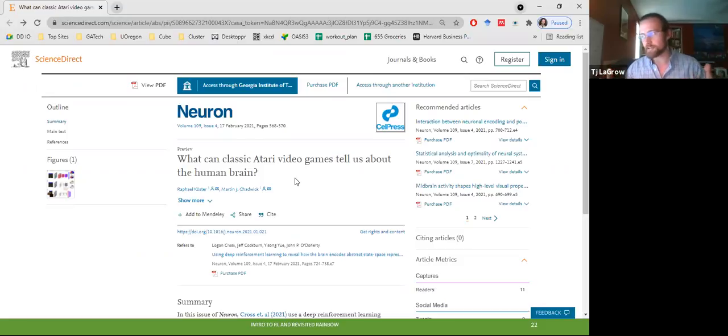What I haven't looked at is whether Rainbow itself, with all of the different components added, is more like our brain, and whether there might be even more components that we don't even know about that we could add to the algorithm. At that point, it's going to be a lot more model-based neuroscience.